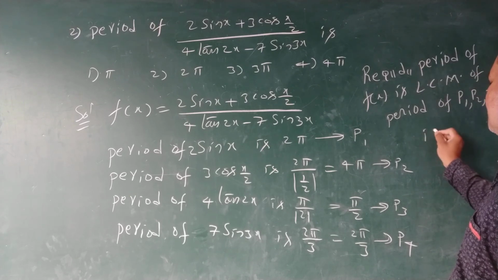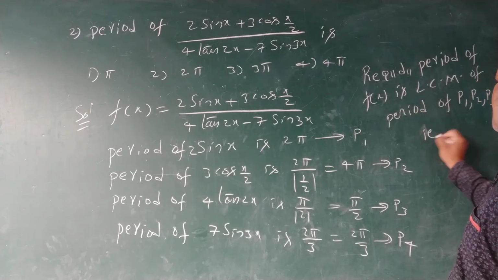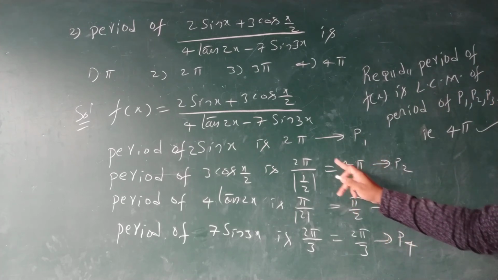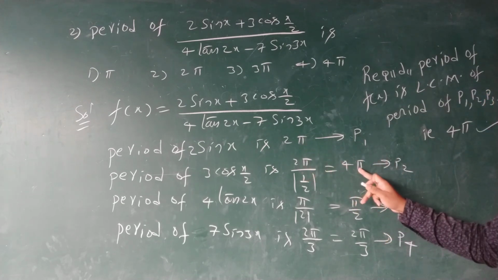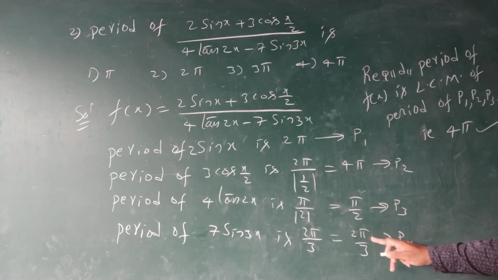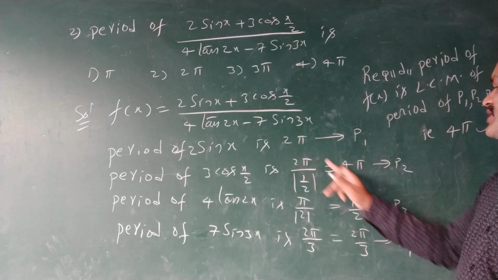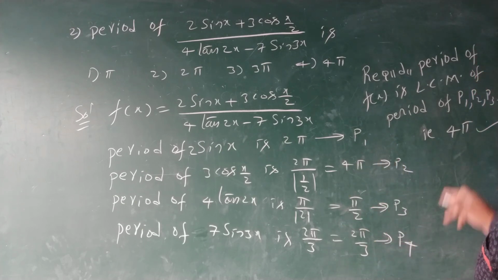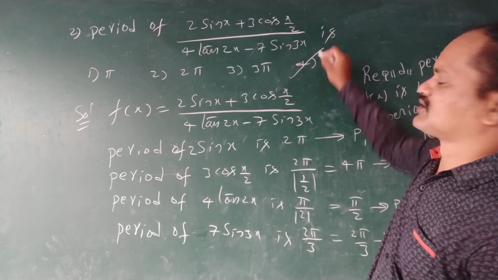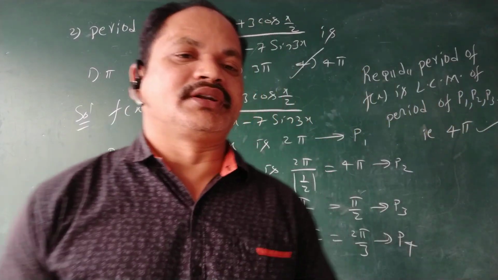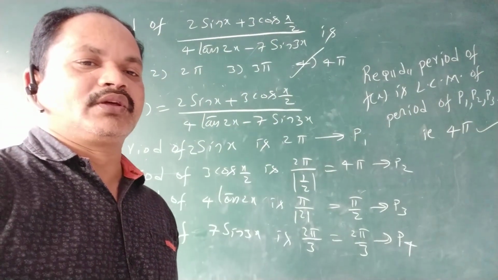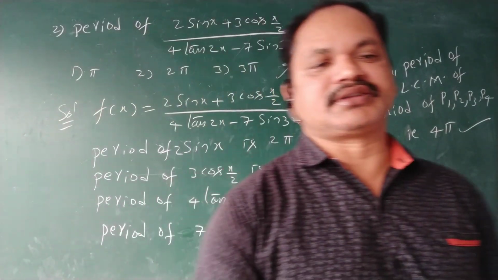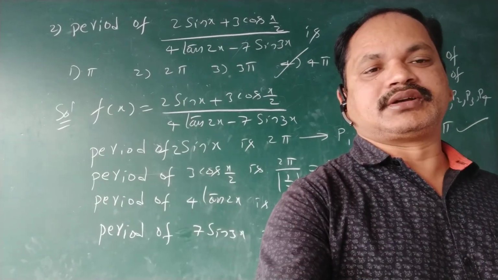That is 4 pi, since 4 pi is the common period of 2 pi, 4 pi, pi by 2 and 2 pi by 3. That's why 360 and 720, 90 and 120, for all these the period is 4 pi. That's why that is the fourth option. Okay. That's why the LCM of all the individual periods is nothing but the period of the required function. Are you clear? That's all.